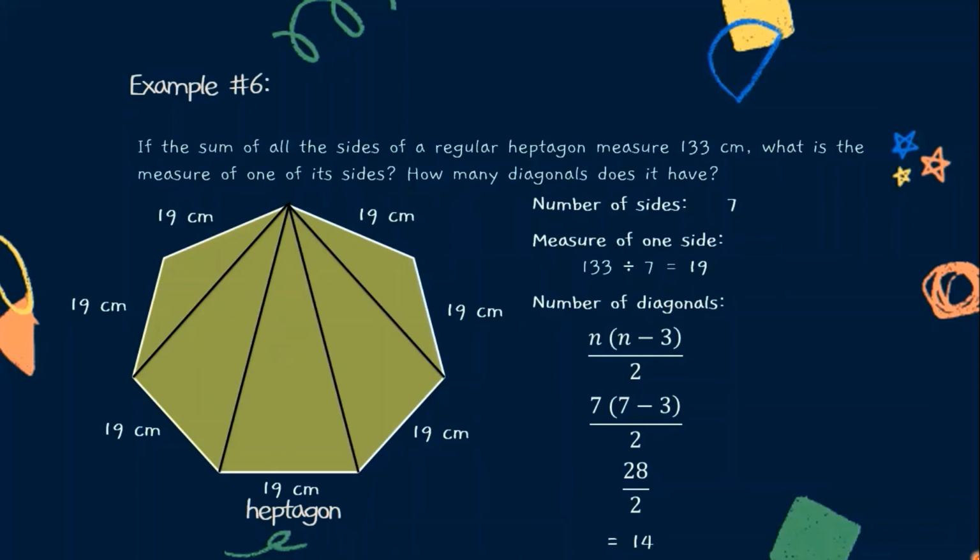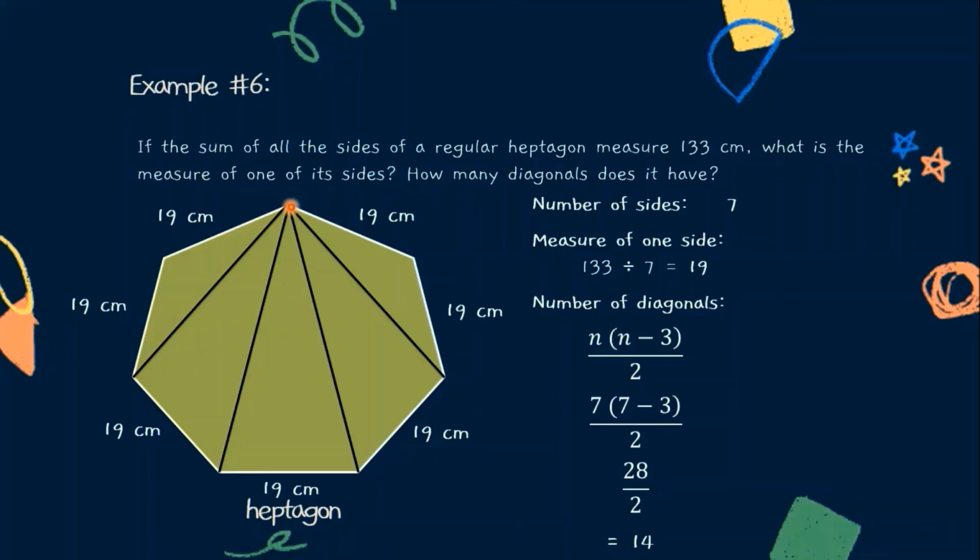So, huwag tayong malilito mga bata kapag hinahanap natin yung number of diagonals at saka number of triangles. Kapag number of diagonals, lahat ng mga vertex ay kailangan nating lagyan ng diagonal. Pero kapag ang hinahanap ay number of triangles lamang, from one vertex, sa dami ng vertex nito, meron tayong 7 vertex per heptagon.